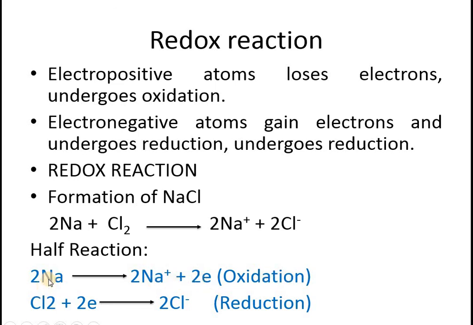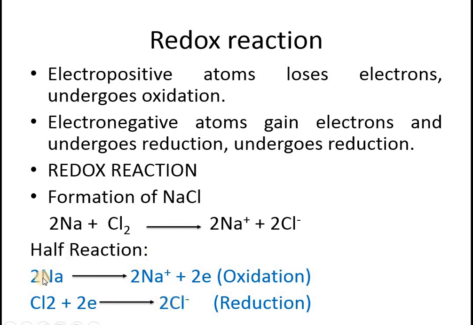Earlier also I told you there is an increase in oxidation state, 0 to plus 1. Chlorine accepts 2 electrons and becomes chloride ion. So this is reduction, 0 to minus 1, because these are not attached with anyone. When they are gaining electrons, they get reduced.